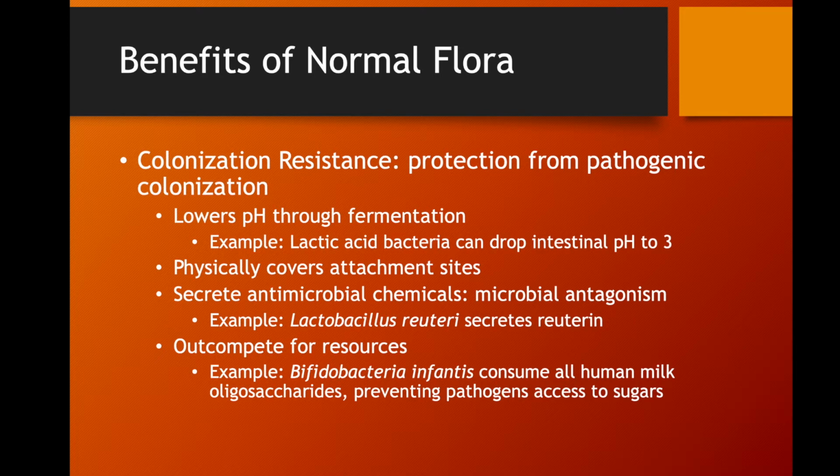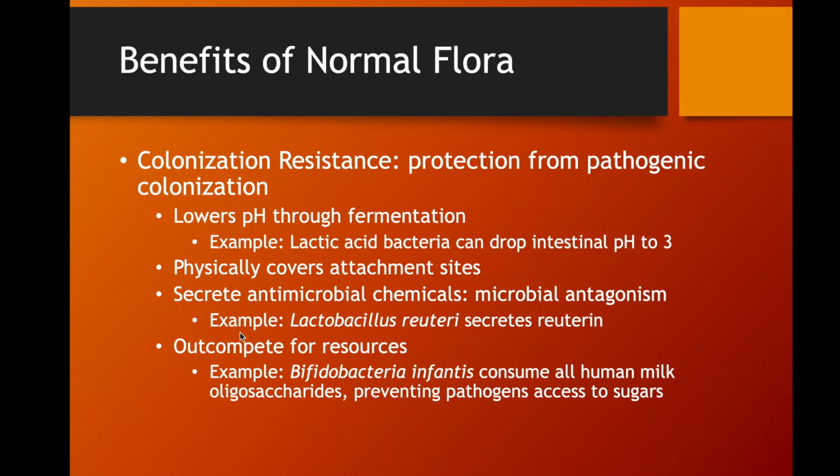So with an abundance of normal flora, there are very few attachment sites for pathogens. Now this of course can be compromised if you have a perturbation. For example, antibiotic treatment will wipe out a lot of your normal flora binding areas, and wipe out a lot of your normal flora, which will essentially just give wide berth for pathogenic colonization.